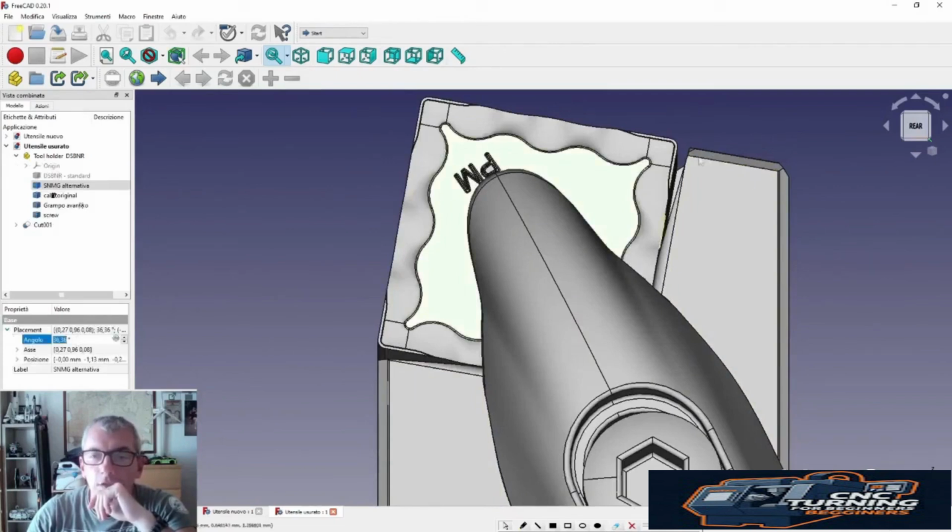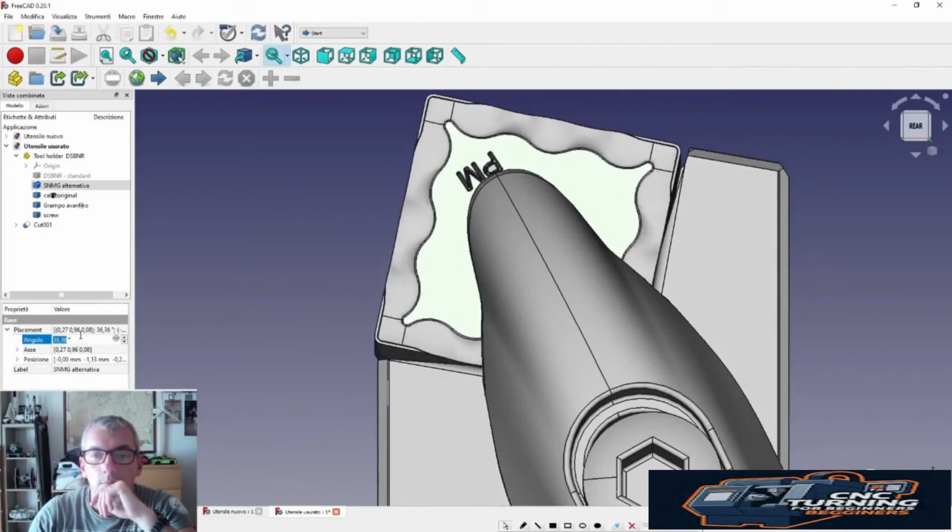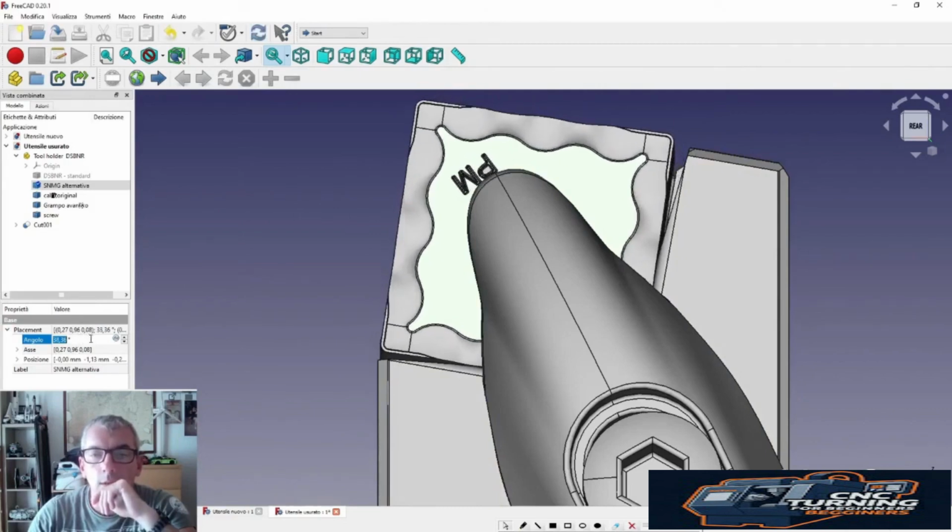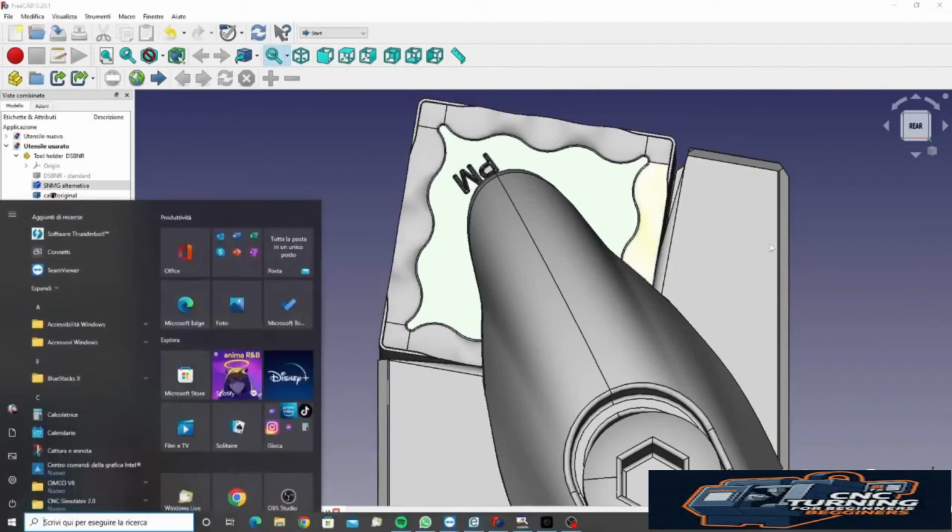If the insert doesn't fit well on the sides, the insert might do this kind of work here. Okay? And that's exactly what was happening to our CNMG.